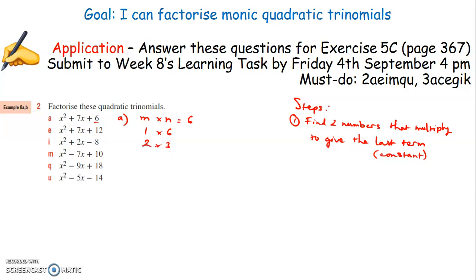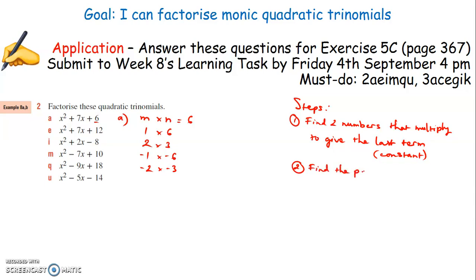And we should not forget the negative version as well: negative 1 times negative 6 and negative 2 times negative 3. We want a positive answer, so if you have two negative numbers multiplied together, that gives a positive.